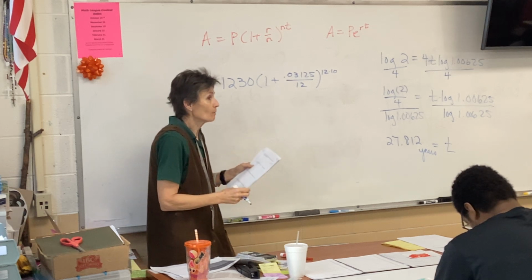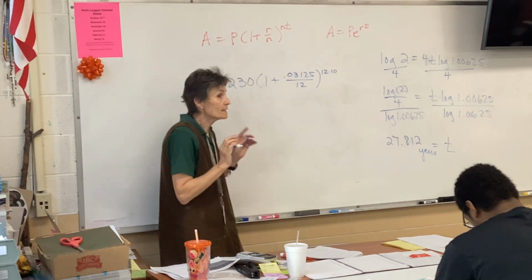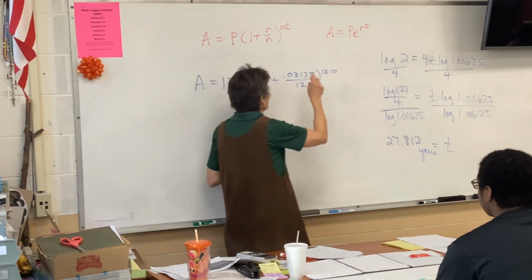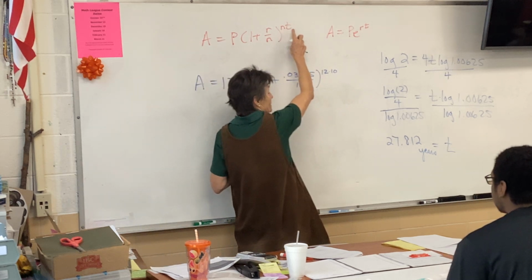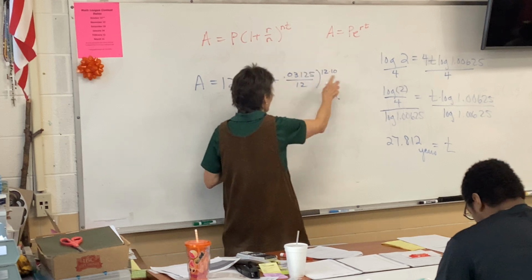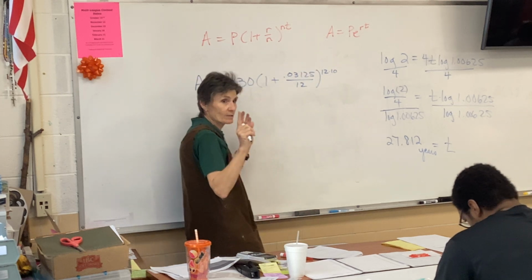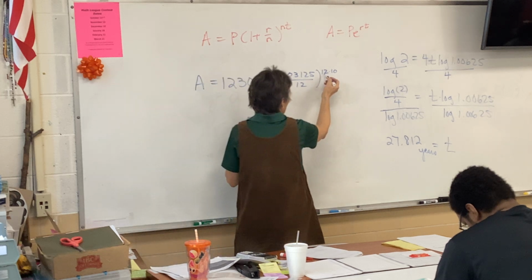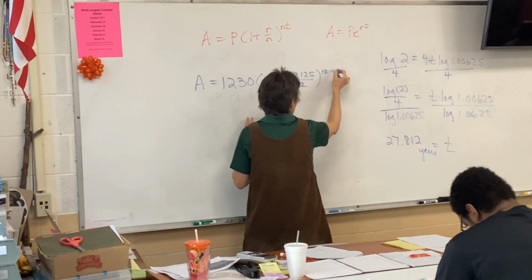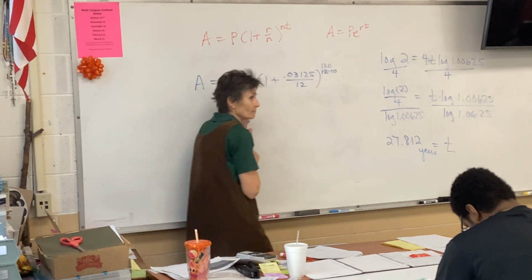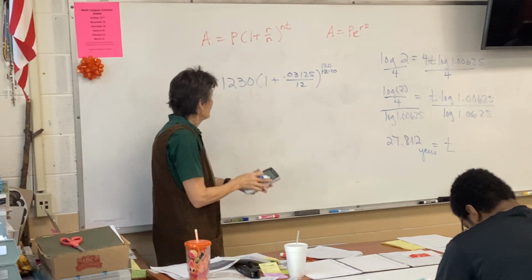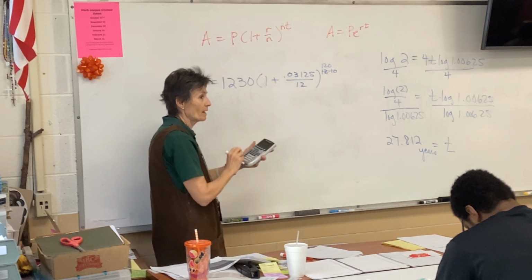Okay, we don't need logarithms here. The only time we need logarithms is when we're solving for one of these. We have all that. Let's type it in. Here's a hint: I like to do this first and just make that 120. And then I type exactly what I wrote.